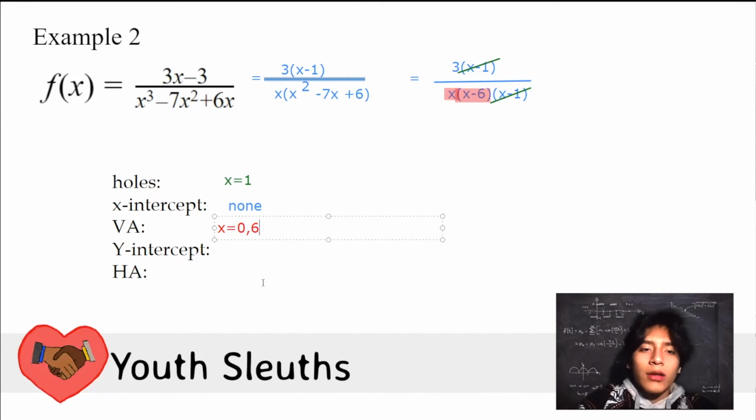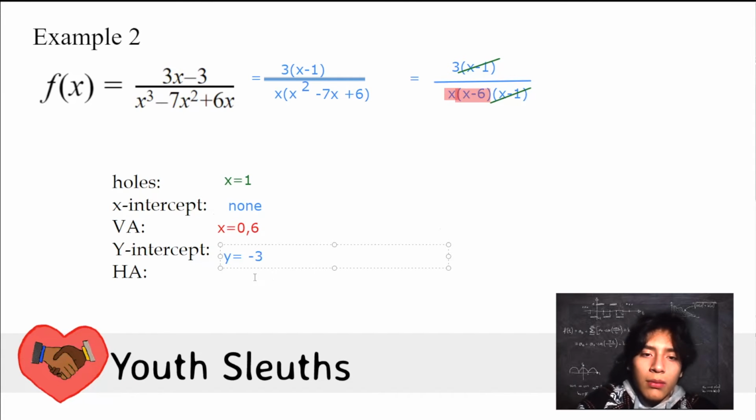And now for our y-intercept, we just plug in 0 into our rational function. So we get in the numerator 3 times 0 is just 0 minus 3. So y equals -3.